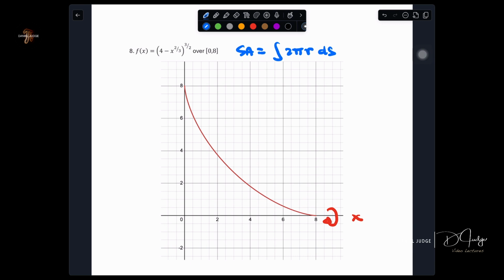All right. Where r here, again, is that corresponding y coordinate, which is 4 minus x to the 2/3 raised to the 3/2.